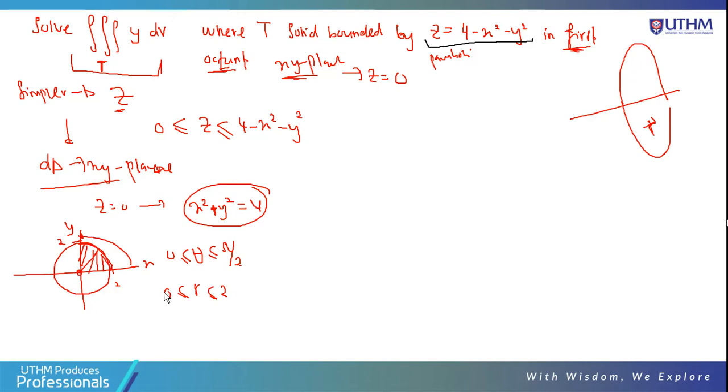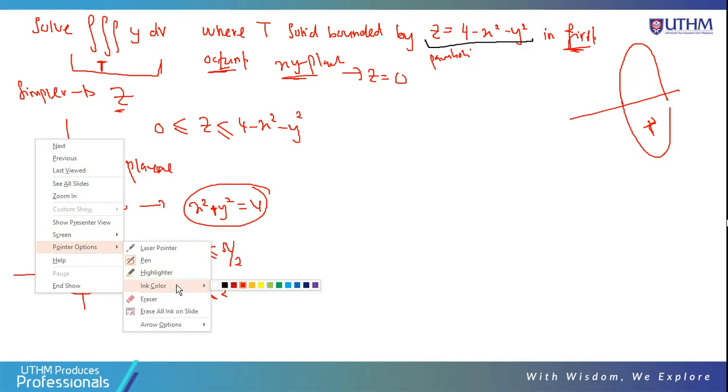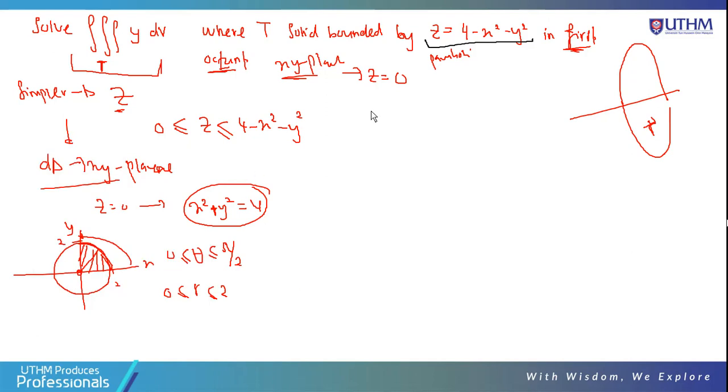Okay, this is how you can form the triple integral for this problem. So we form the triple integral, you already know all the limits, and then you can write the triple integral. So y dV you can change to r dz dr d theta.